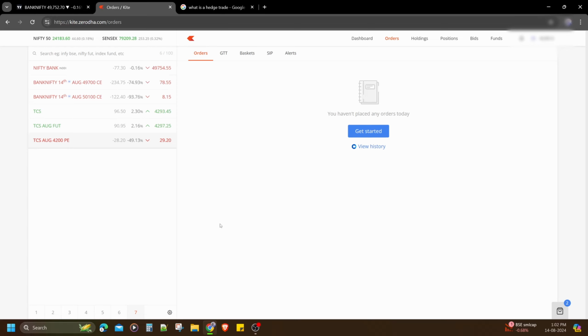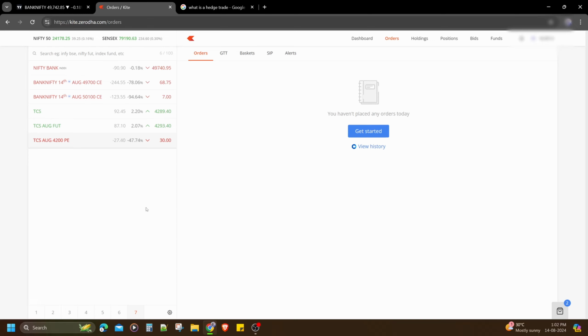For example, I have taken Bank Nifty as an index to show you how the hedge trade works. I'm considering the 49,700 CE call option and the 50,100 CE call option. You might ask why the Bank Nifty is falling and I am choosing call options. I'm going to sell the call options, so it might work for me.